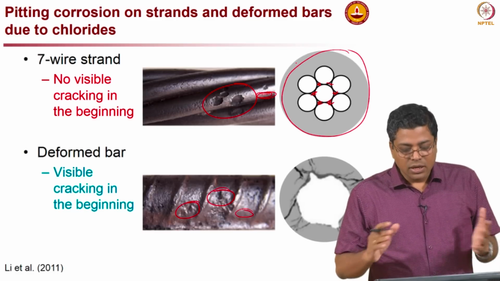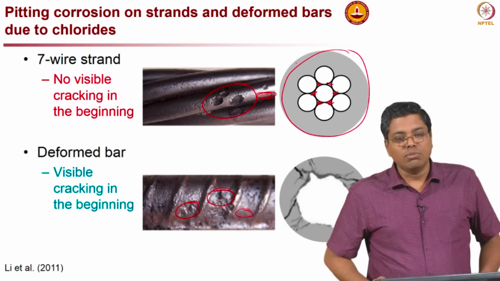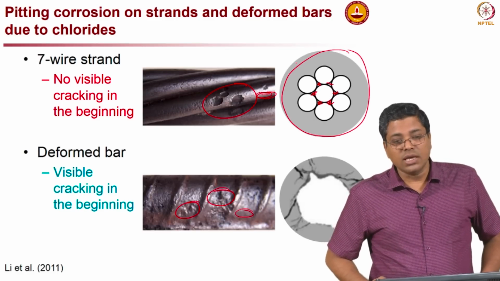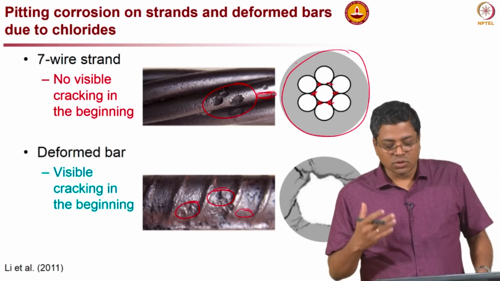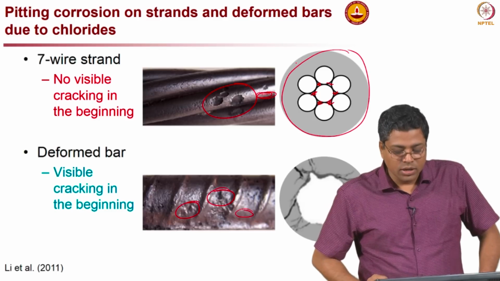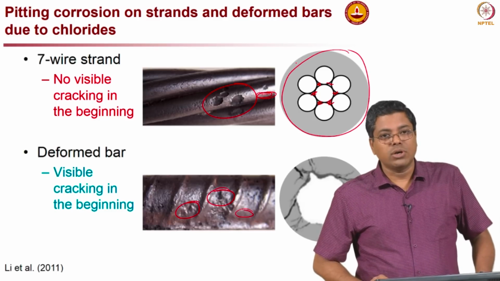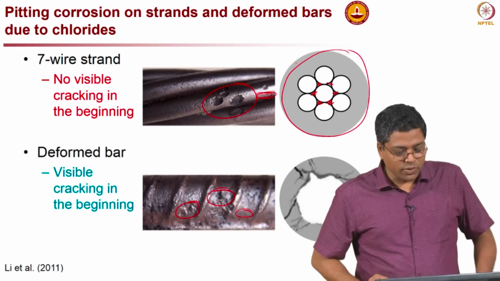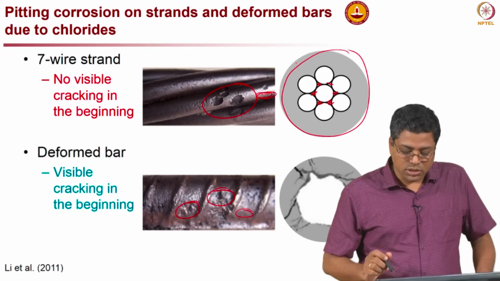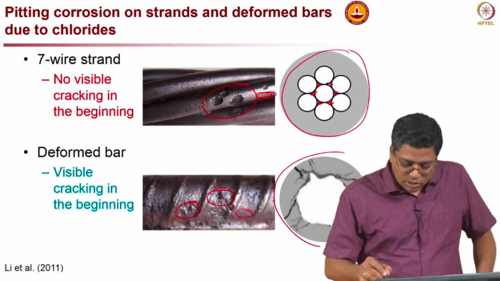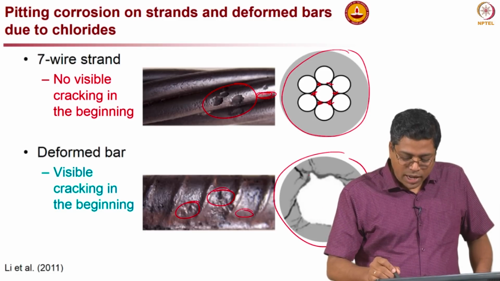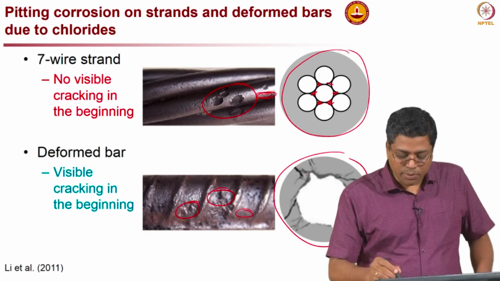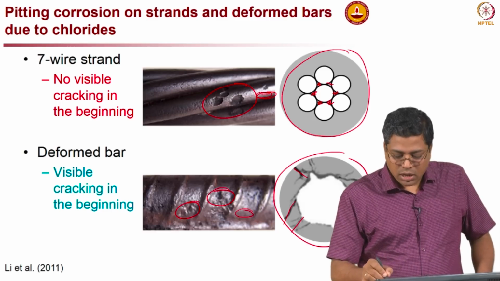So, it will take a significant amount of time before you can actually see the rust coming through the concrete cover, and so visual observation will not be a reliable tool to see corrosion when you talk about pre-stressed concrete structures. Whereas in the case of a reinforced concrete structure, you have rebar, and as soon as a little bit of corrosion is happening, it tends to crack the concrete.